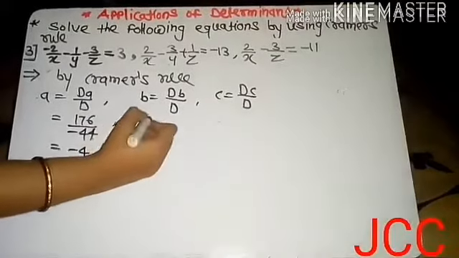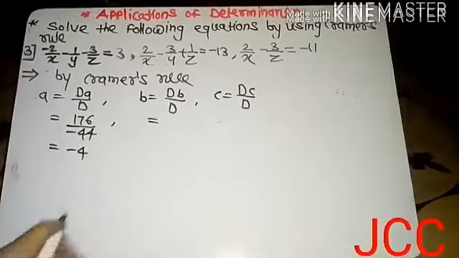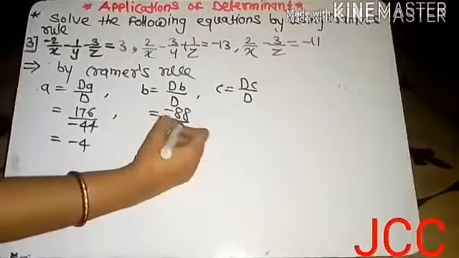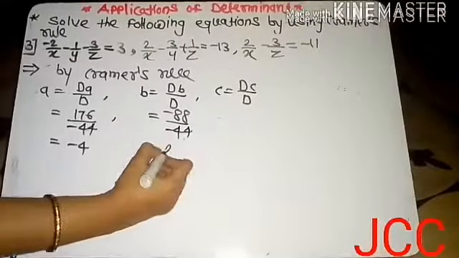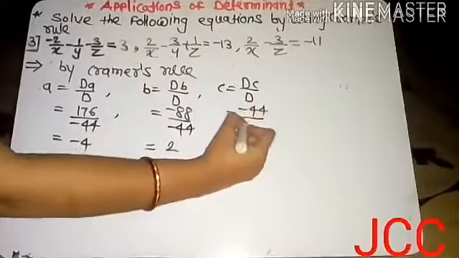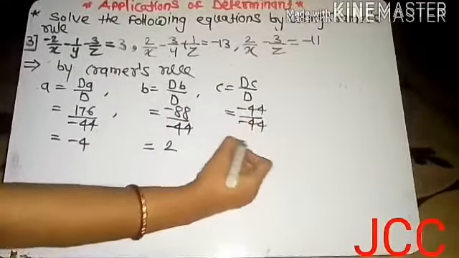In the same way, B equal to DB upon D, the value of DB is minus 88 upon D is minus 44 is equal to 2. The value of DC is minus 44, D is minus 44, that is equal to 1.